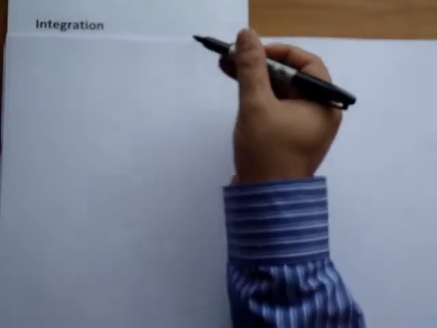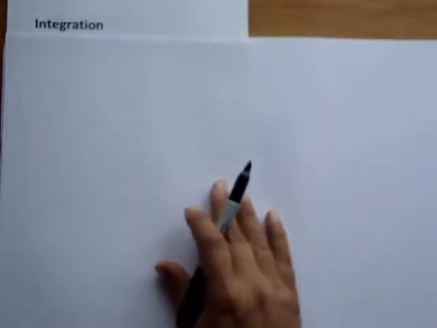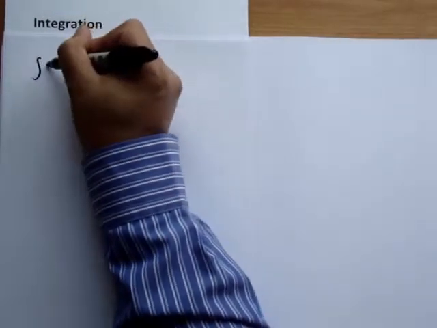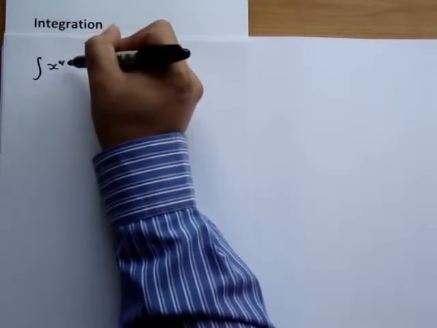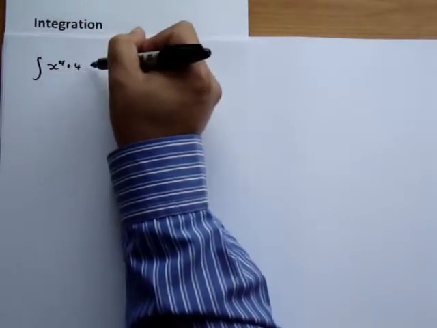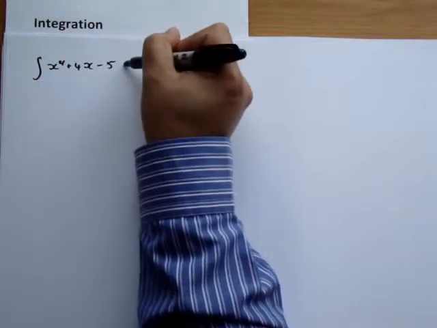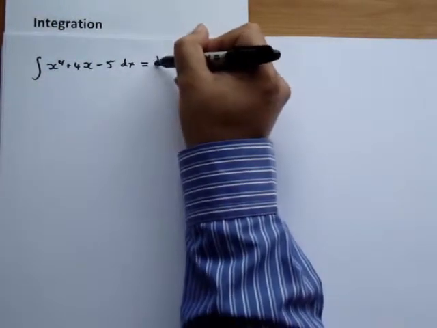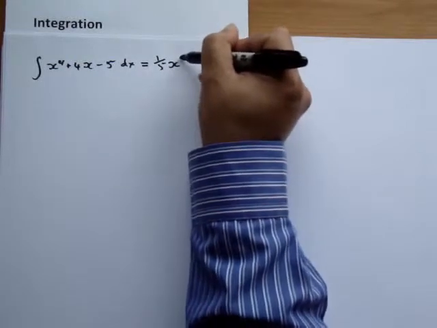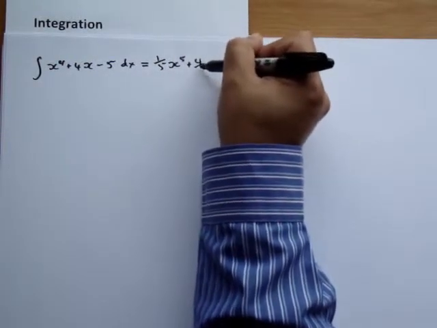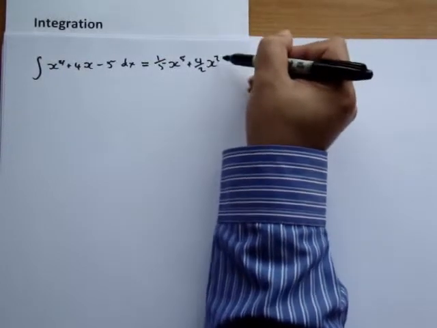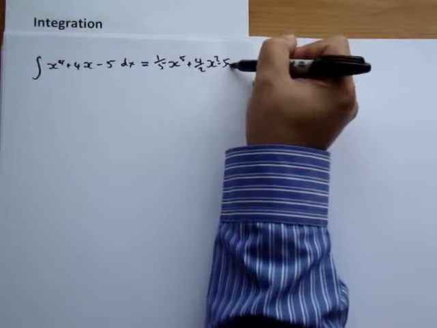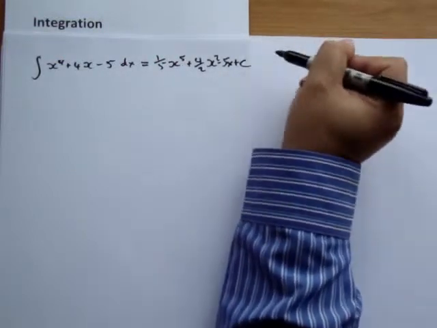So when we write out the integration, we usually write the integration symbol followed by what we're integrating, x to the 4 plus 4x minus 5 dx, and then we write equals 1/5 x to the 5 plus 4 over 2 x squared minus 5x plus c.